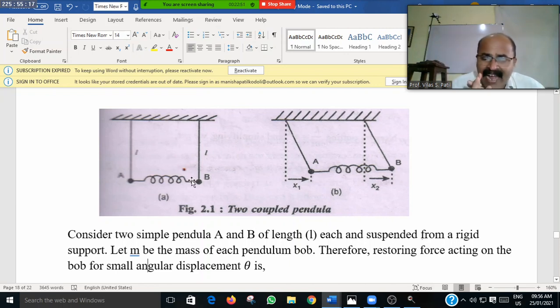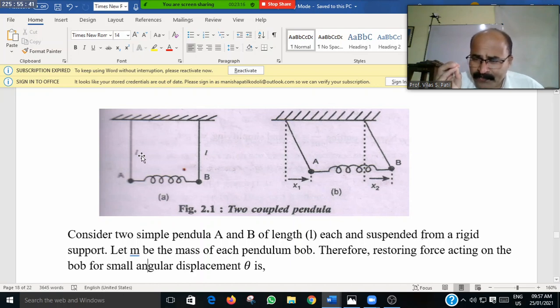Consider that, if we can apply the external energy to one of the pendula A, it will be displaced from the mean position by the displacement x. This is the first diagram where both the pendula are present.